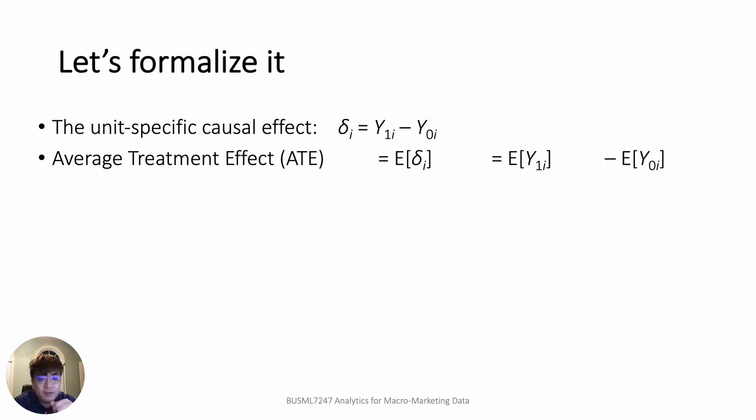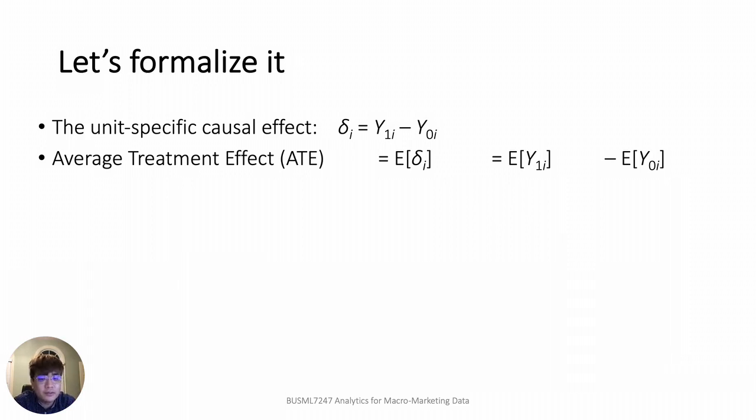Then, the average causal effect, so-called average treatment effect, ATE for short, is the mean of delta i. By the property of expectation, it is the same as the mean of Y1i minus the mean of Y0i.